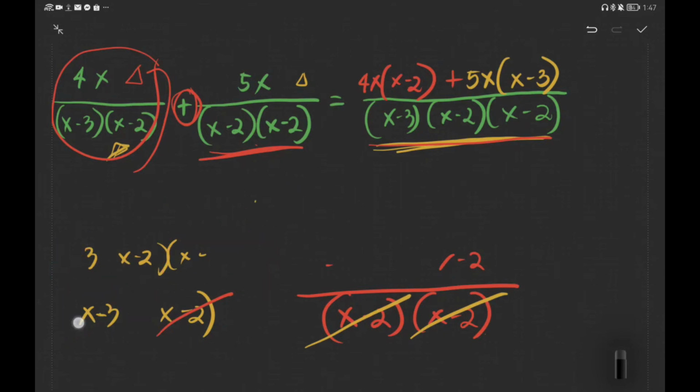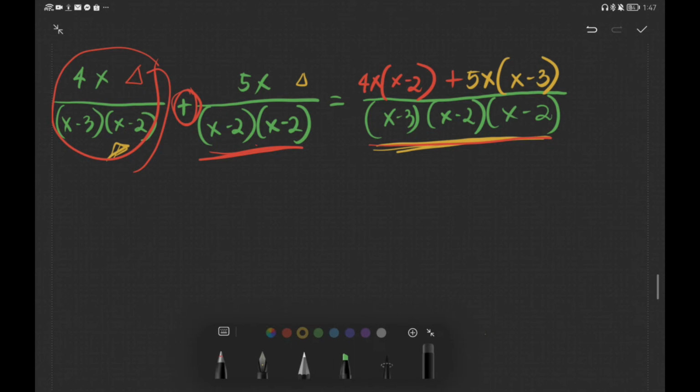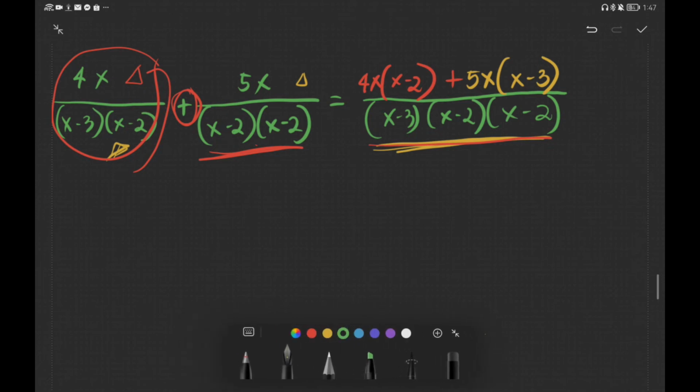Now, since we have the numerator written as one expression, we can distribute 4x to x minus 2. Let's clean this first. So 4x times x, that is 4x squared. 4x times negative 2, that's negative 8x.